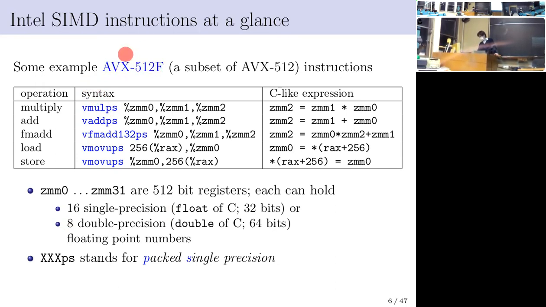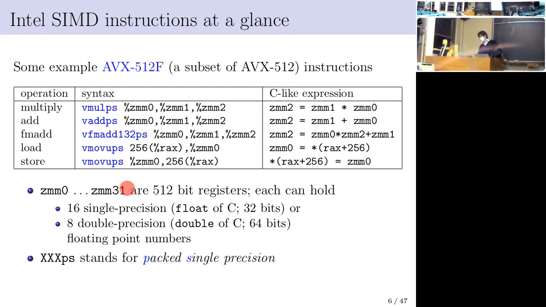But for now, this is what some instructions in this instruction set, AVX-512F, actually look like. This is a multiply instruction that takes 3 registers. Its semantics is that you multiply all the numbers in this SIMD register and all the numbers in that SIMD register and put the result into this register.